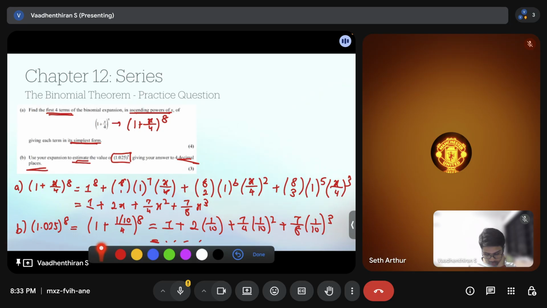So I didn't give you this answer. You just type it in the calculator and then find it. So you understood, right, why we wrote 1 by 10 over 4? Because we need to get to the x by 4 thing to use it.